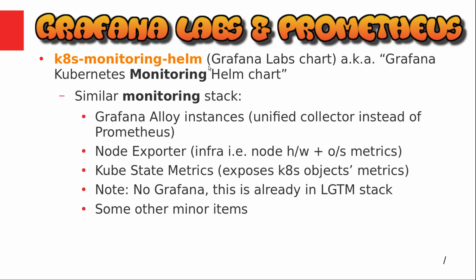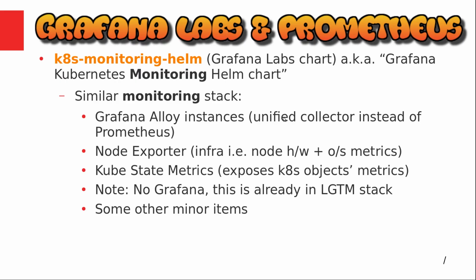They got this k8s-monitoring Helm chart, their own chart, and it is for monitoring, and it contains Grafana Alloy instances. Alloy is their unified collector, and it can collect all kinds of things. But the idea is that you can use this collector, and it will scrape for metrics instead of Prometheus.